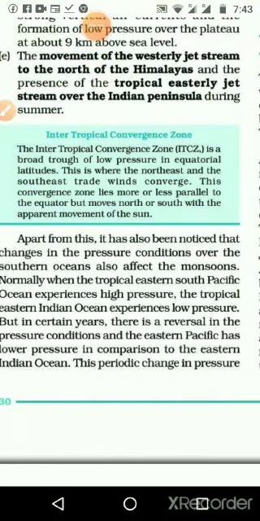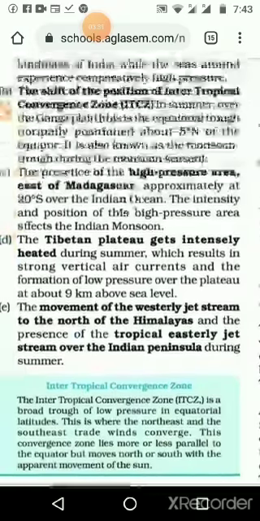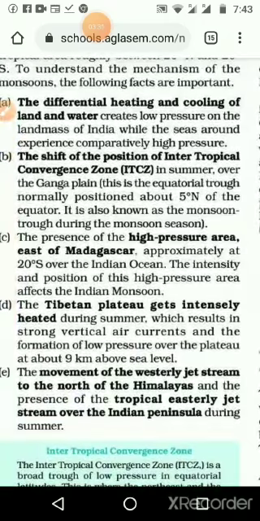According to the sun, it is moving southward or northward. According to that, the convergence line will also move a little to the north or south. Okay, so coming back to the lesson, the shift of the position of the intertropical convergence zone.